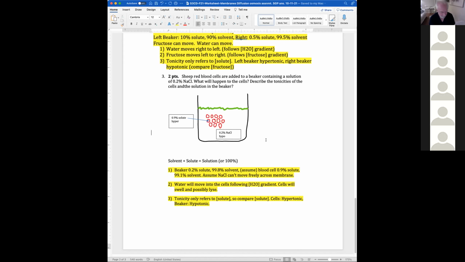Professor, is there any possibility that before the test, in class, you can explain some of those questions? Make another example of these. You want more examples of tonicity and substance movement?